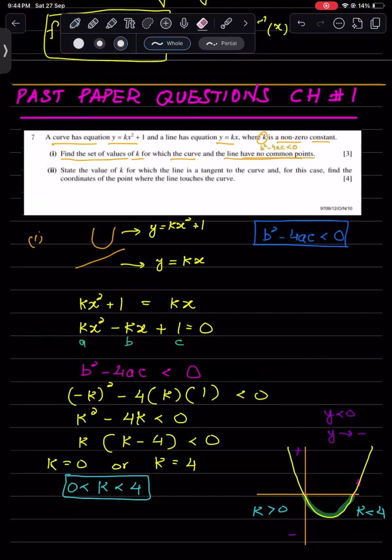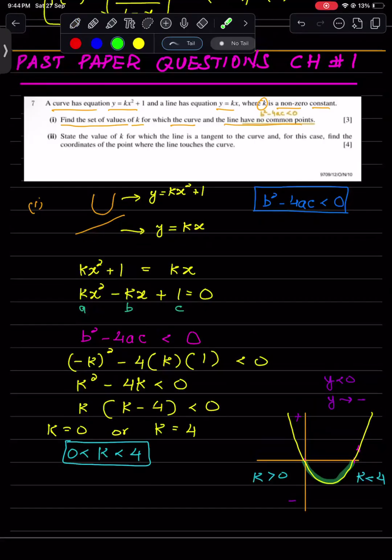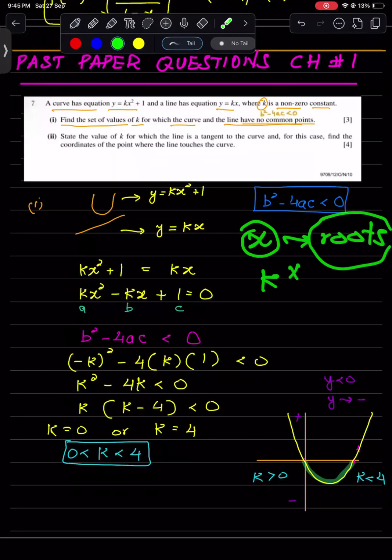Okay, for the B part, shouldn't k have not real values because it's less than 0? Come again. Like the discriminant is less than 0, so we want to have not real roots. Okay, let me explain this question. Very good question. When we are talking about real roots, those are the values of x. x values are the roots of the equation, not k's value. k is already a constant.